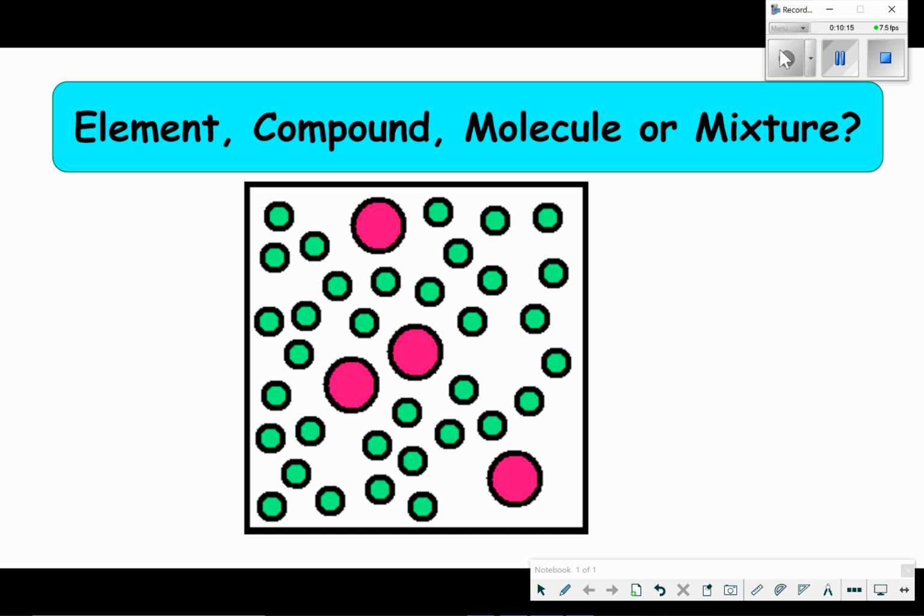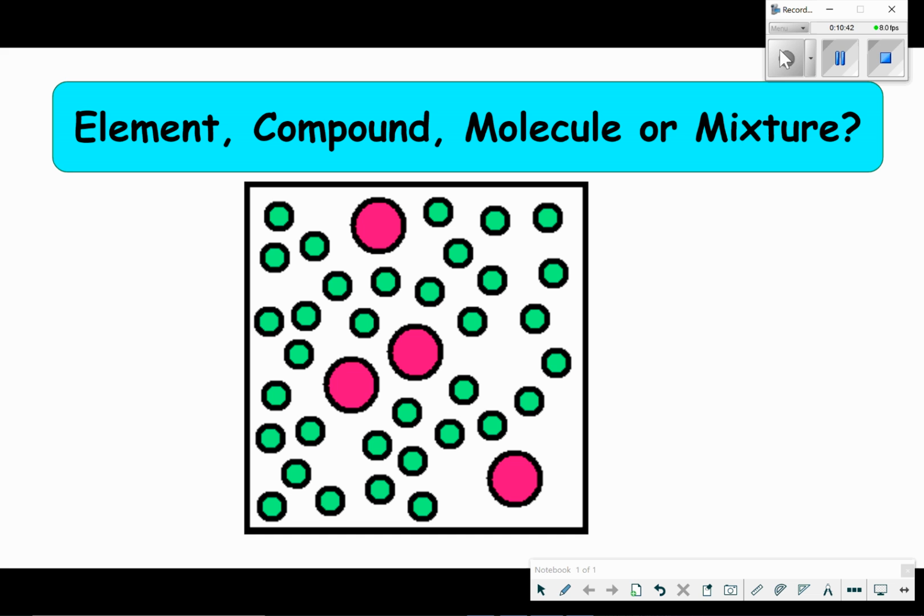In this first picture, we have green dots and we have pink dots. If we are looking at a single compound or a single element, you would only see one color dot. So this is not an element. When you're looking at compounds, remember compounds are always joined with a bond.